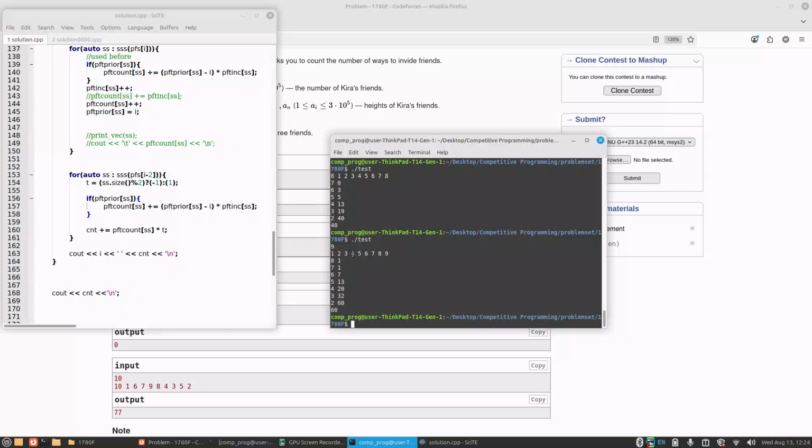Yep, that checks out. That checks out. 1, 3, so that's 4. 8, so that's 12. Checks out then.